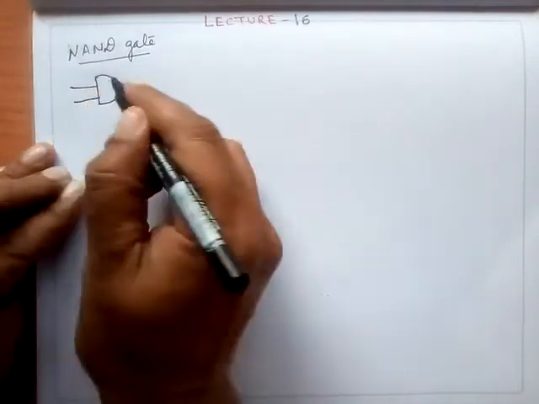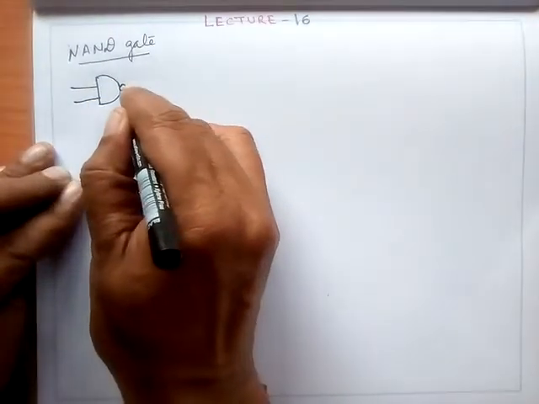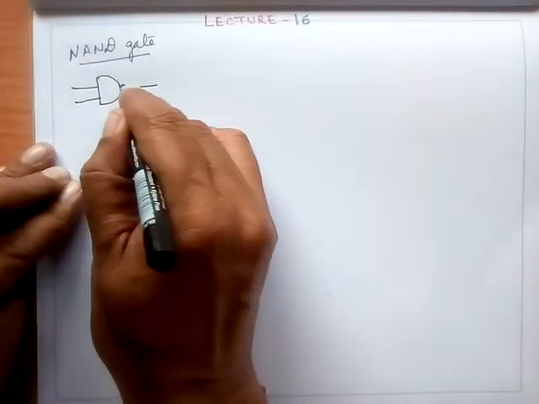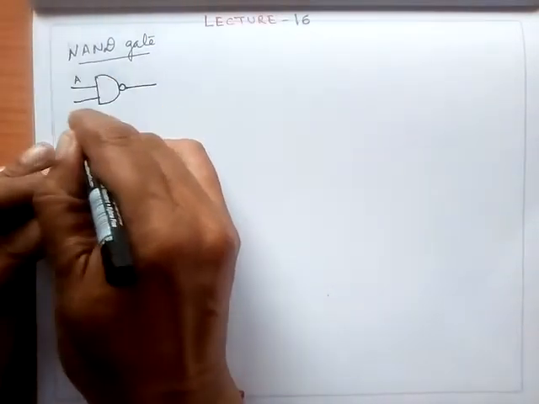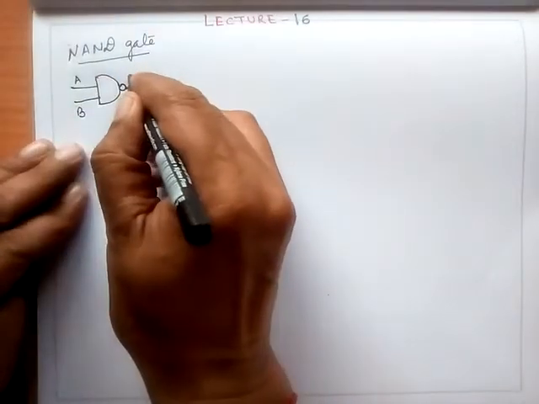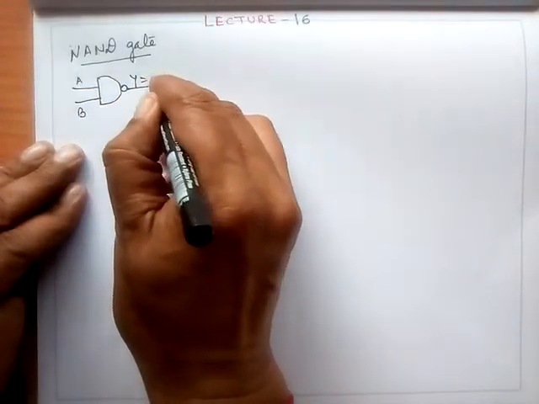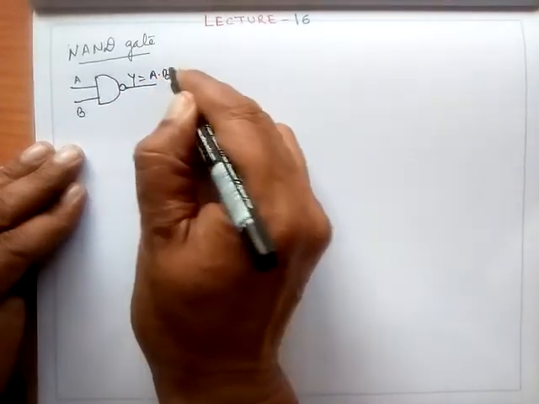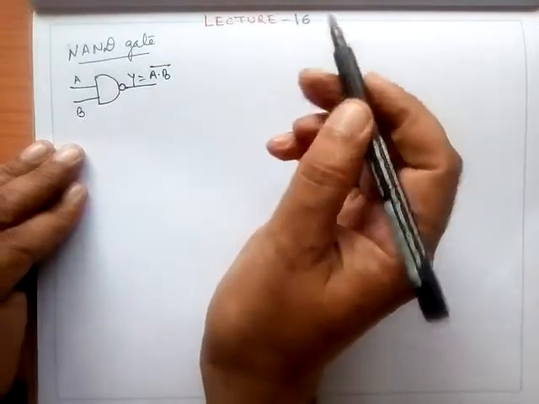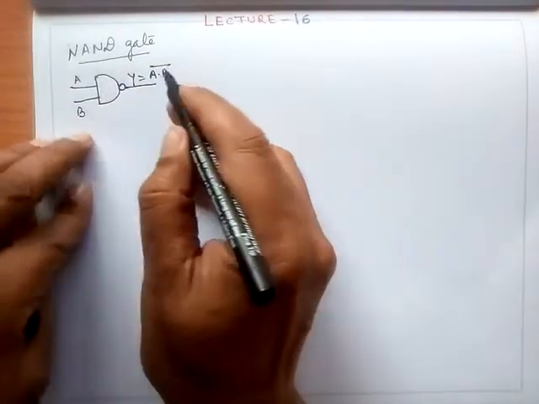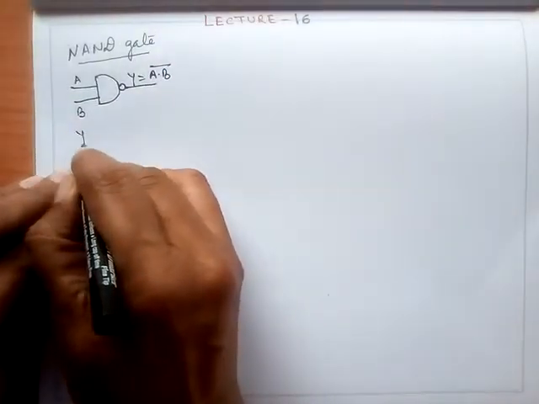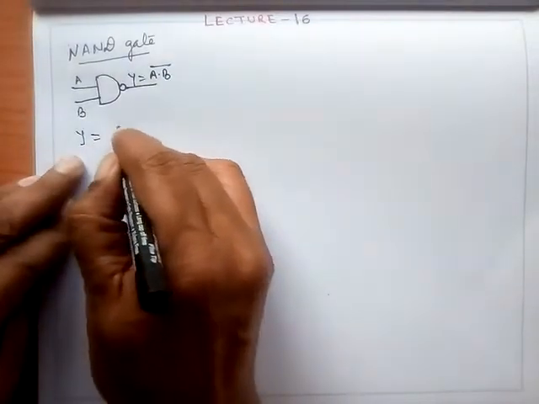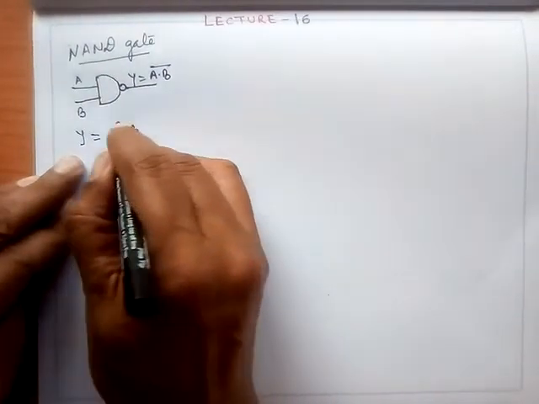I told you any gate has multiple inputs and a single output except NOT gate. So if we have two inputs A and B, the output Y is A dot B whole complement, whole bar.